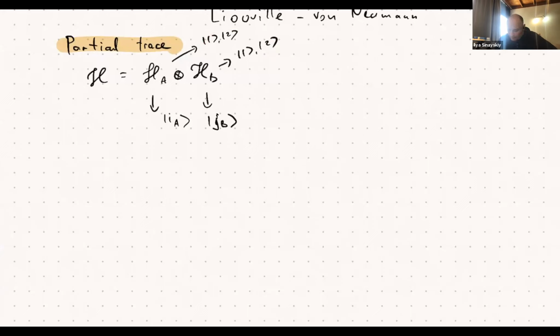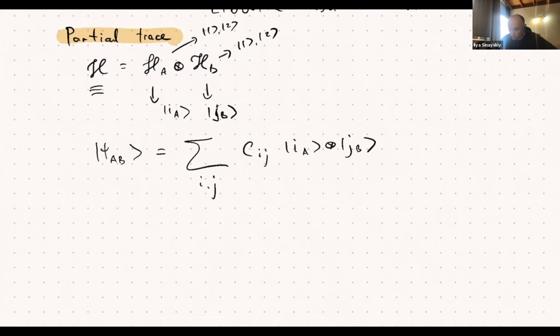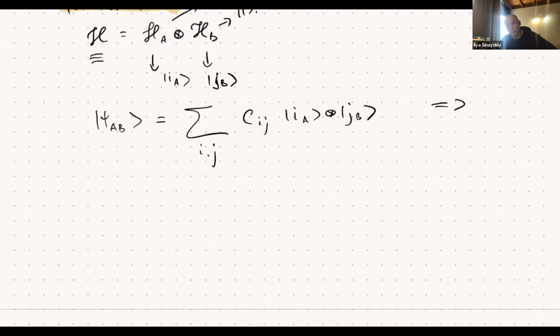Okay, and how can we represent, for example, a wave function in this qubit space? An arbitrary wave function psi AB in this qubit space can always be written as the sum over i and j, running over these indices, with some numbers c_ij, times e_i^A tensor e_j^B. Now if we go to the density matrices, and that's what we're going to do, we'll get twice more indices.